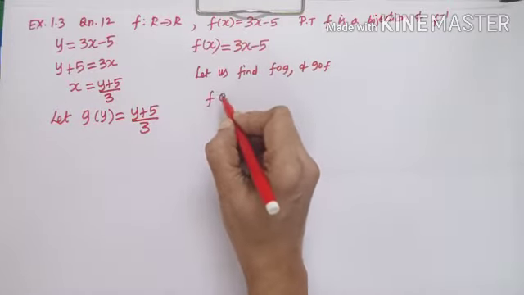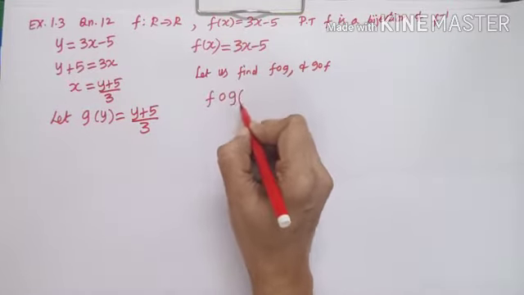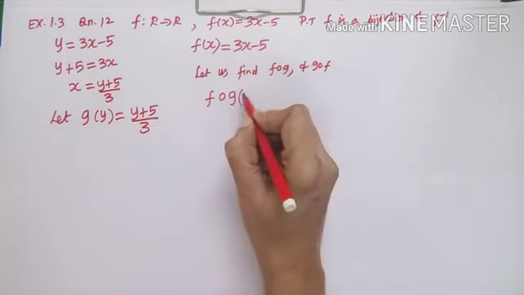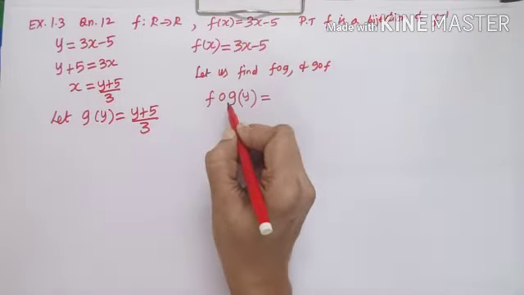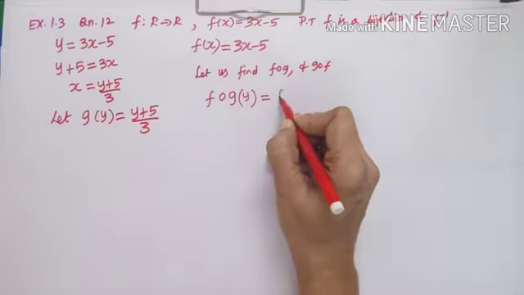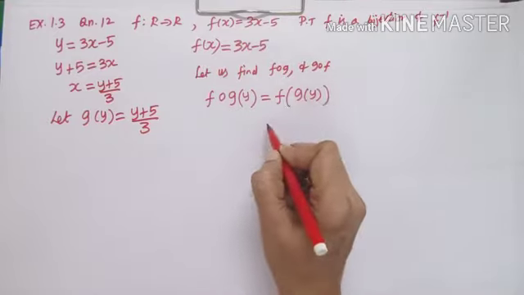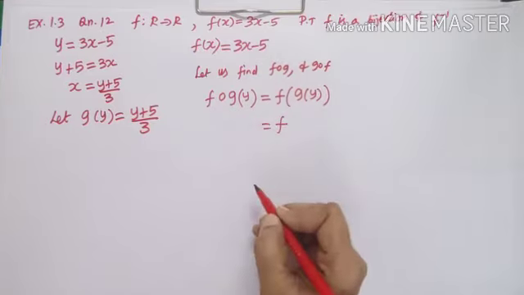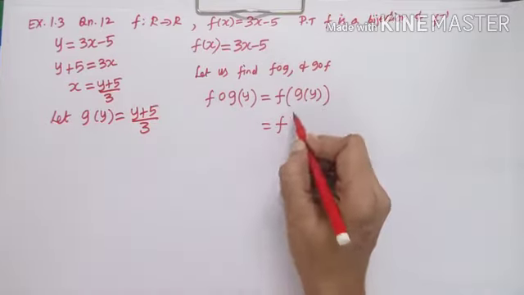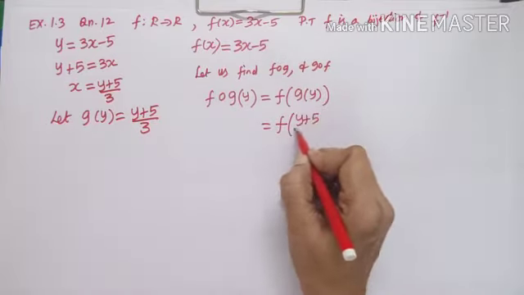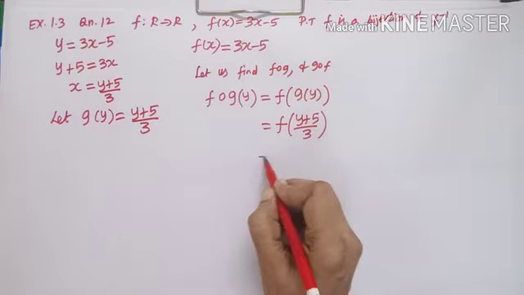In f∘g, where g comes, I must write only y. So (f∘g)(y) can be f(g(y)). It is f of, what is g(y) from here? (y+5)/3.